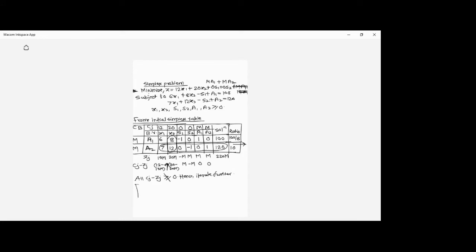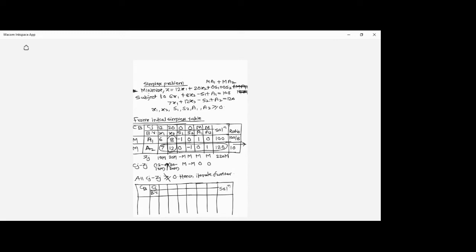For the next iteration, what we have is 1, 2, 3, 4, 5 and 6, and this is our solution. This is our CB, this is our Cj, this is our basic variables.